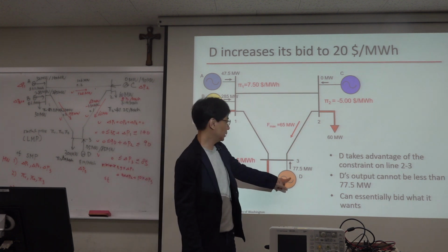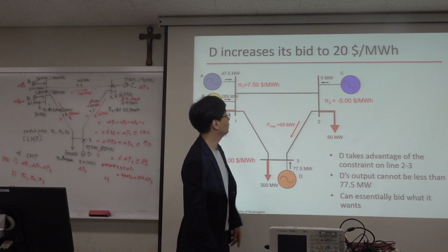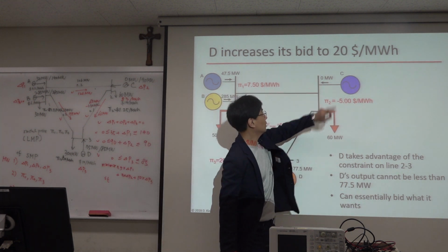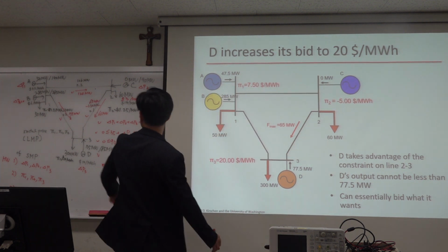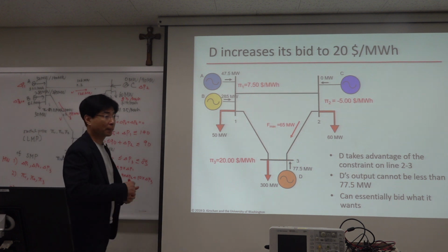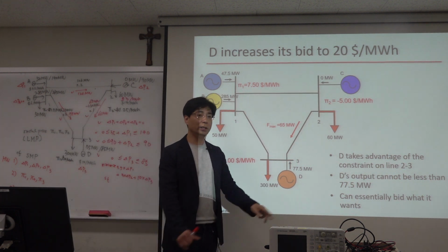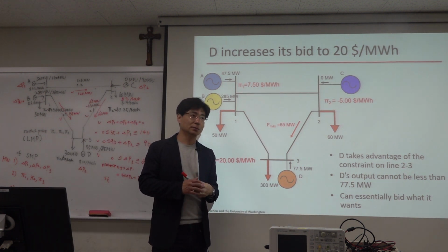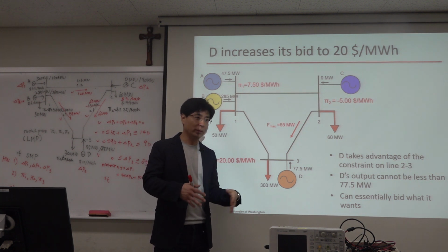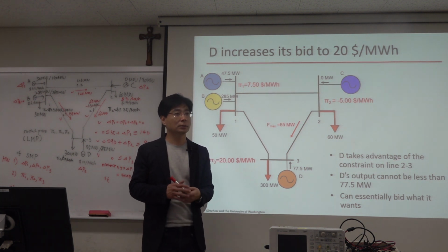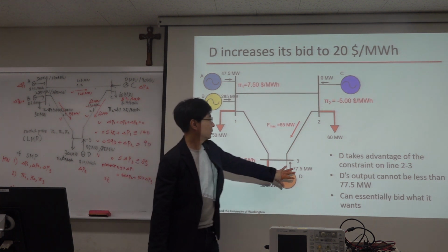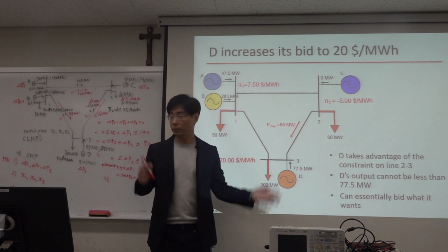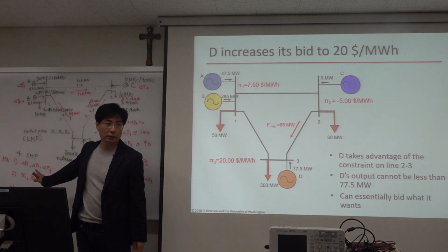So you need to generate 77.5, 0 here, another generated power. So they are different from the previous one. So generator D knows that from the experience or from the calculation on its own. So he bid this much, and this is the consequence after solving all of this procedure.